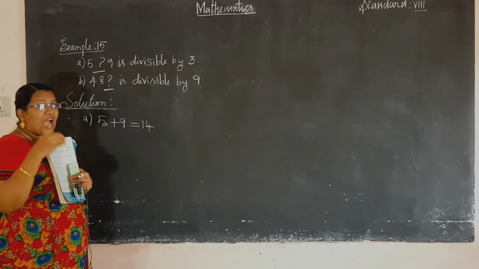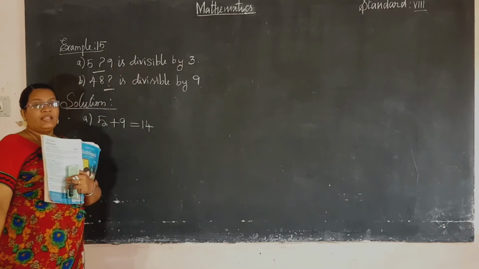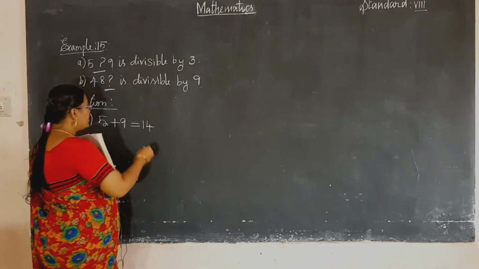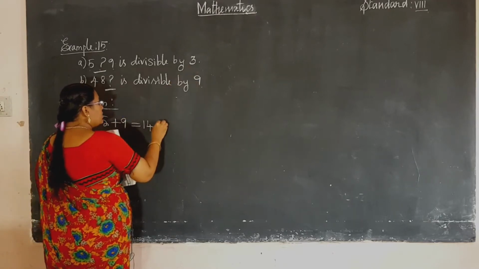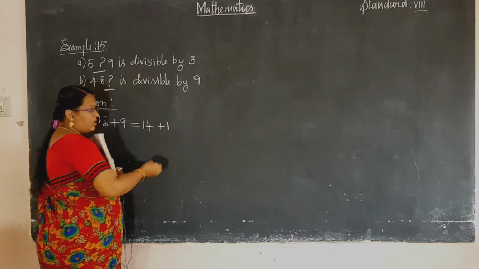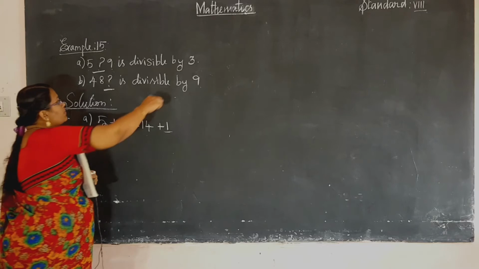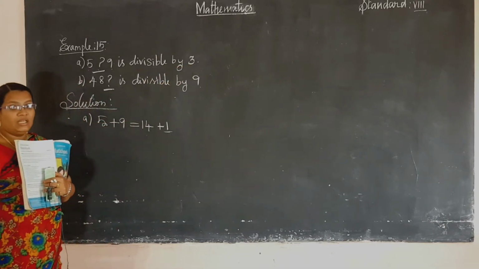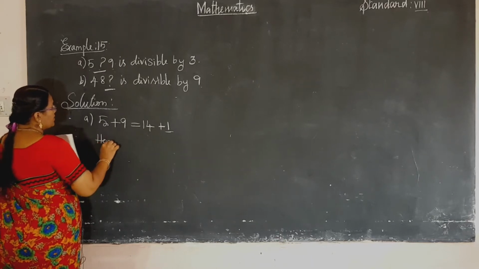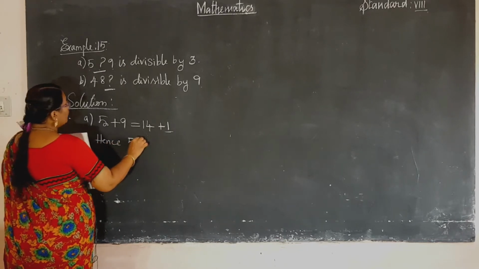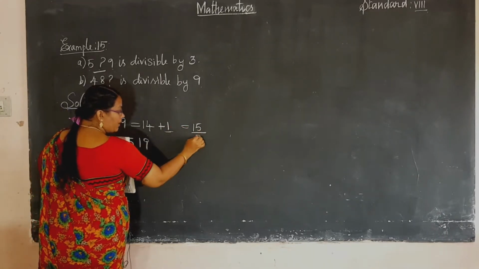Which least number do we have to add to get a number divisible by 3?